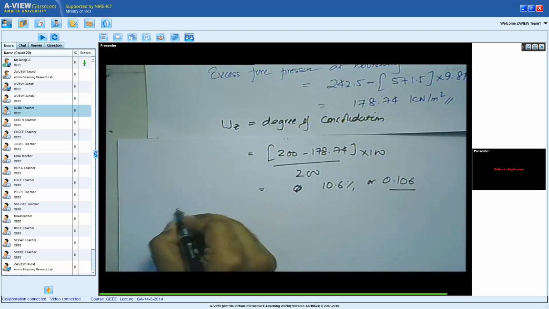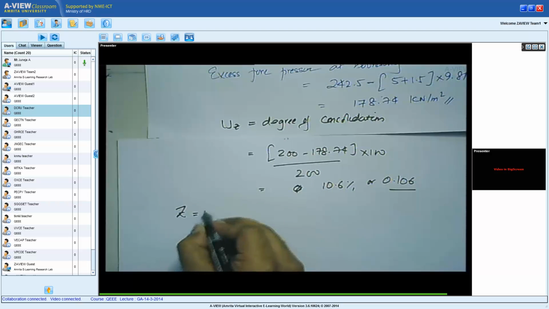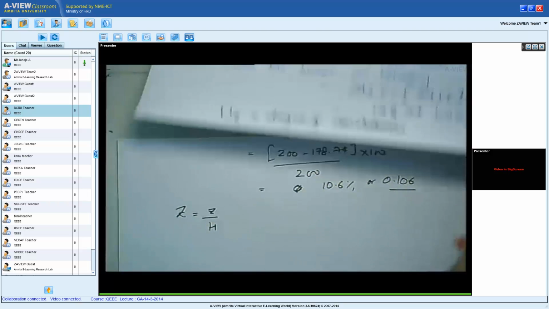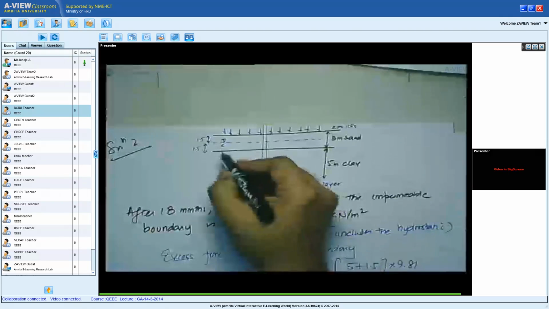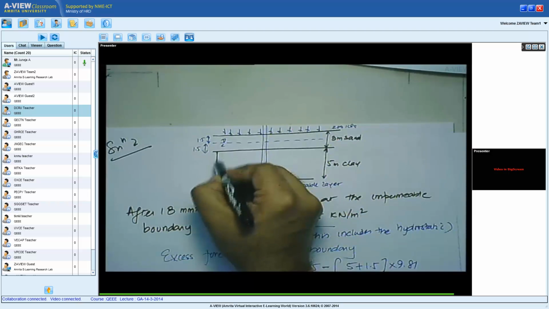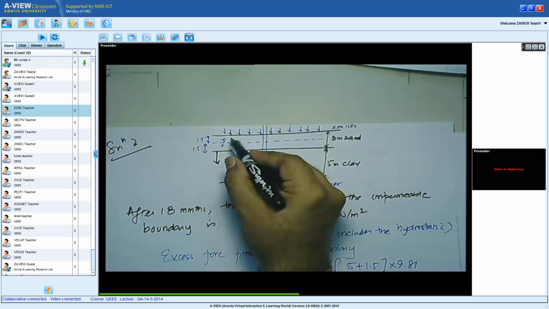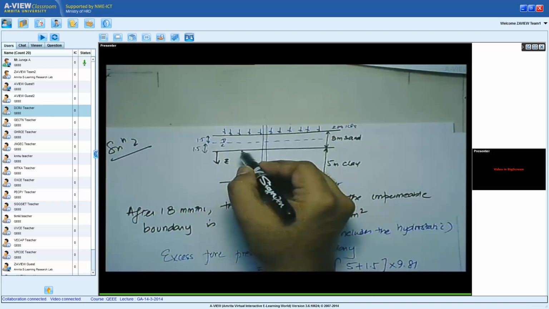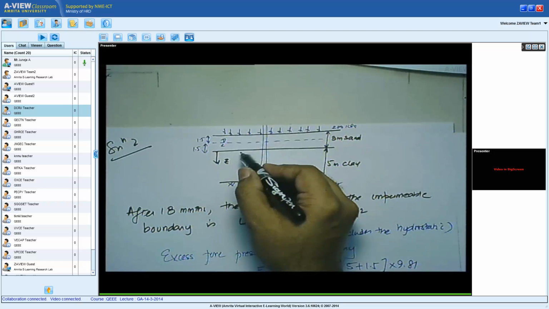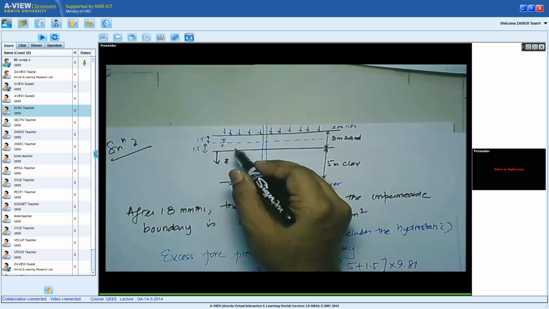What is the capital Z, normalized Z? Terzaghi's solution said normalized Z was Z over the maximum distance the water has to travel. Z is measured from the top of the clay layer, not from the surface, not from anywhere else. It will only be measured from the top of the layer which is undergoing consolidation. If you go anywhere else, Terzaghi will not be happy. Please do not do that.